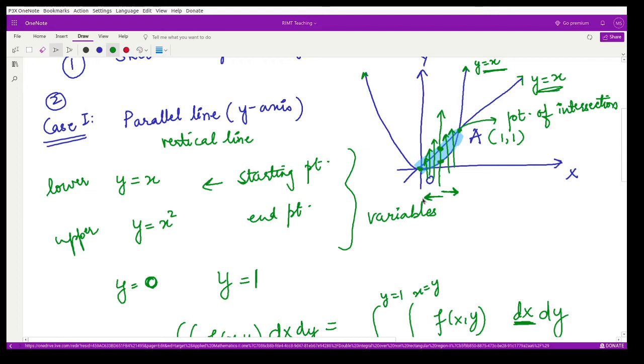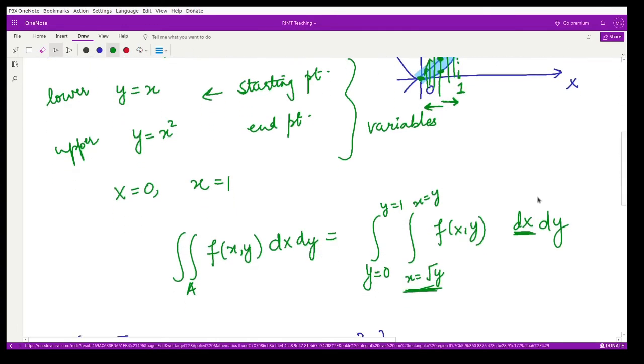that means your minimum limit for x is the value of x here. So your x varies from which point to which point? Your x varies from 0 to 1, because here the value of x is 0, and corresponding to this point the value of x is 1. So your limits in this case would be not this.